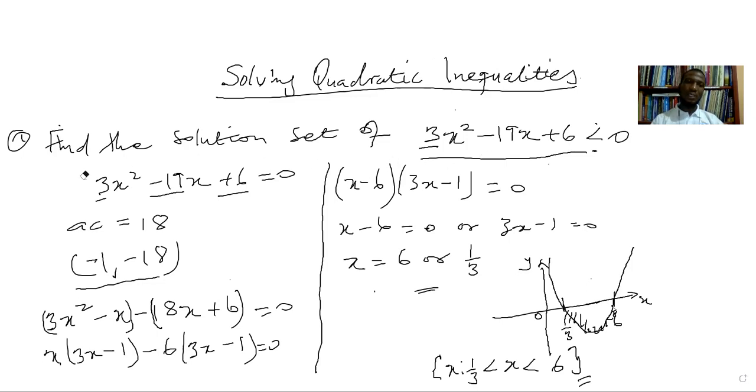So here, for us to save time, let me just quickly clean just a sign so that the question will now read, find the solution set of 3x squared minus 19x plus 6 greater than 0. So here, all the steps are the same.